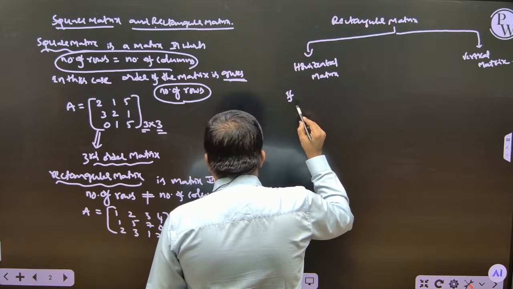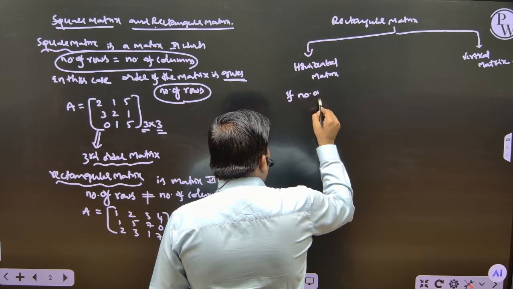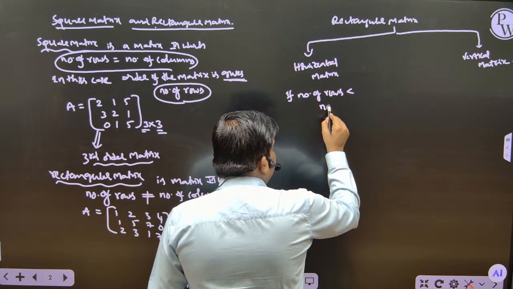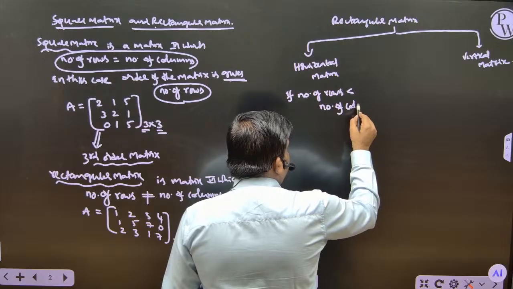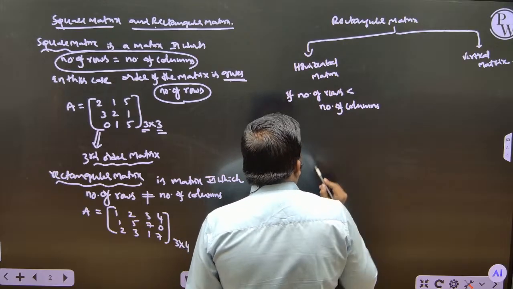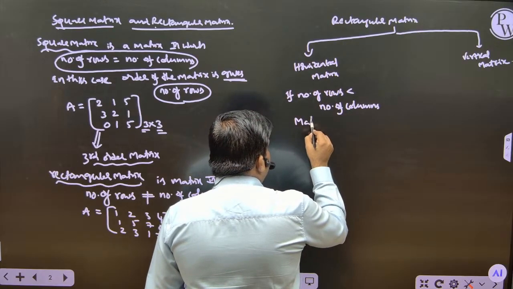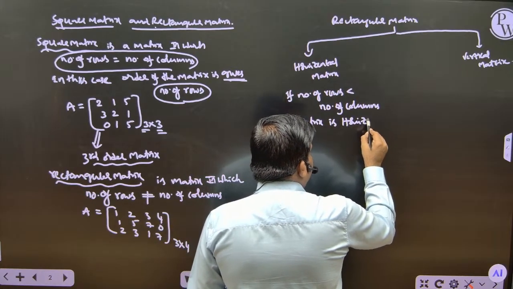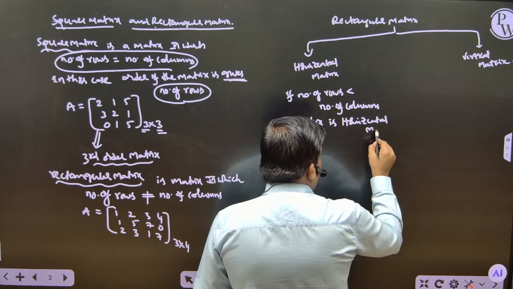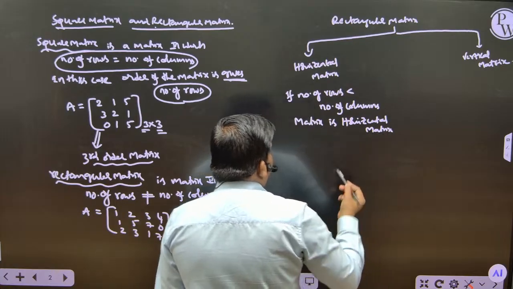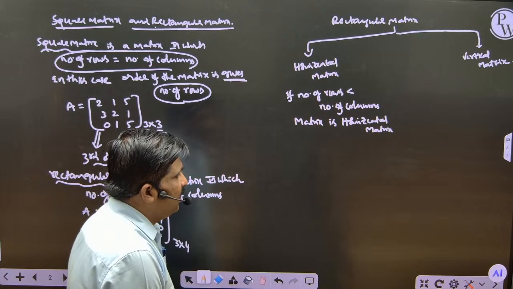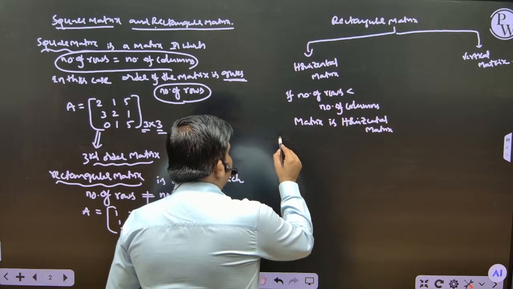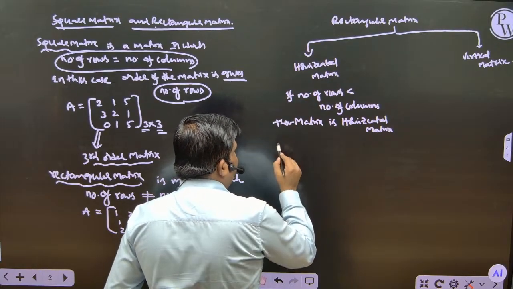If the number of rows is less than the number of columns, then the matrix is a horizontal matrix.